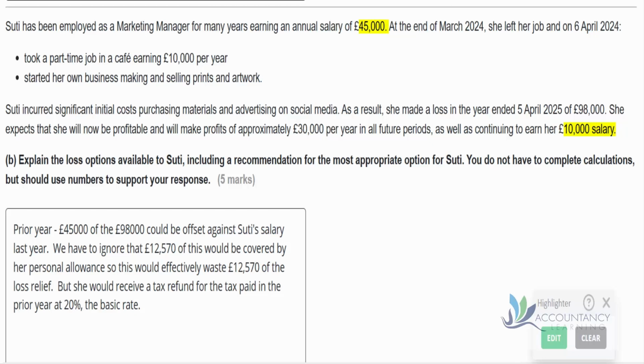So if we're offsetting loss against that 12,570, we'd pay no tax, but we wouldn't be paying tax on it anyway, would we? So that means we would lose the benefit of that personal allowance. But on the plus side, she would get a tax refund for the tax paid on the 45,000 in that prior year, and that would have been paid at the 20% basic rate.